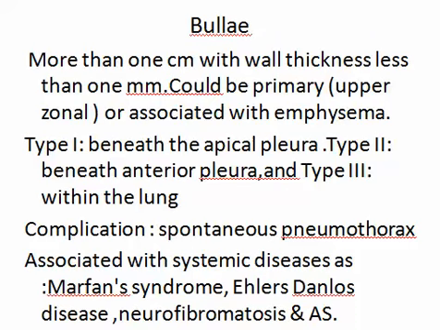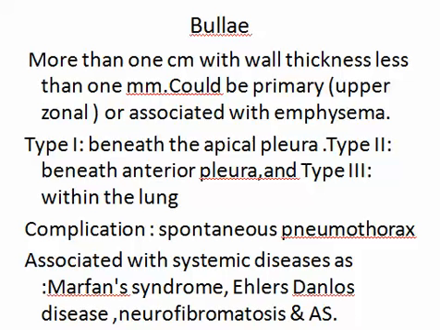Now, a bulla is more than 1 centimeter, with wall thickness less than 1 millimeter, could be primary bullae, usually upper zonal, associated with the emphysema. Type 1 beneath the apical pleura, type 2 beneath the anterior pleura, type 3 within the lung.